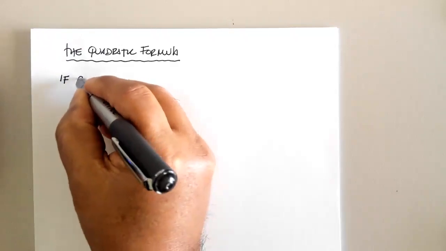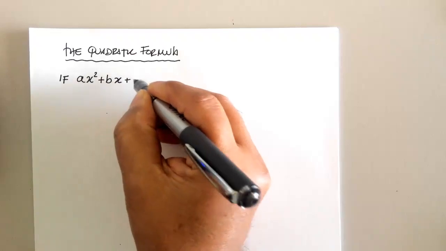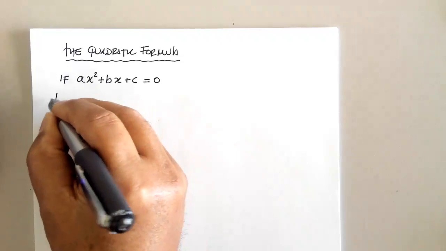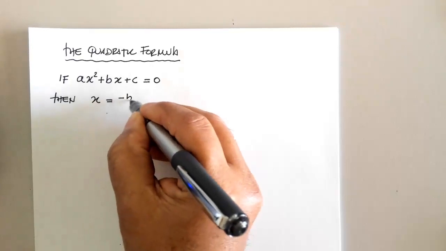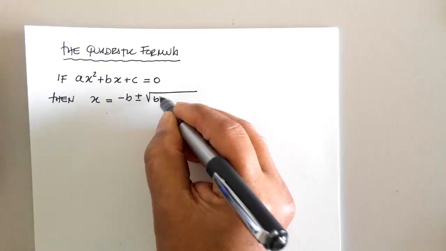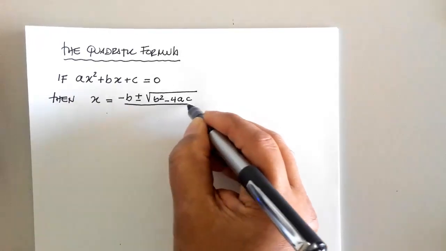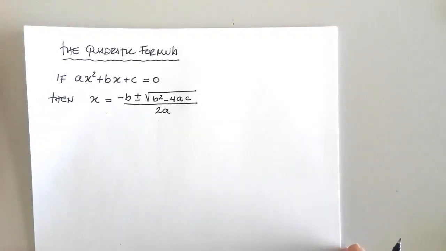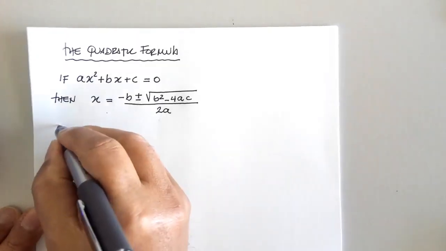If ax squared plus bx plus c equals 0, then x is equal to minus b plus or minus square root of b squared minus 4ac, all divided by 2a. That is my mathematical statement, and then we're going to prove it. So I'm going to say prove.